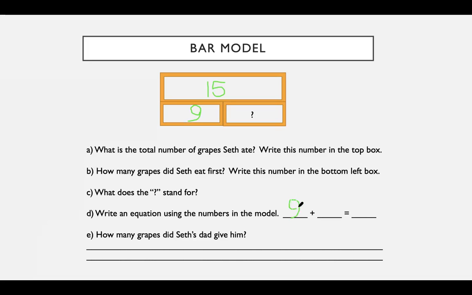Correct, the number 9. What number would go here? Oh, we don't know yet. And the total is 15. How many grapes did Seth's dad give him? I would like you to figure that out using the information that we have. You can pause the lesson here and work that out, and then check yourself before you move to the next slide.